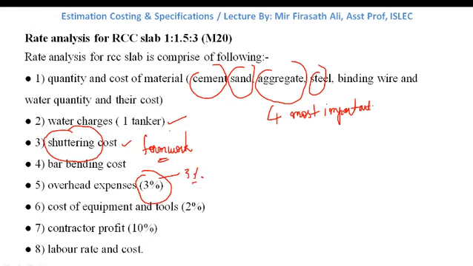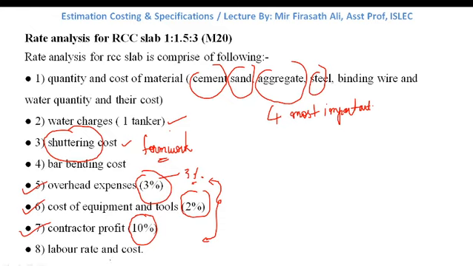We need to add 3% overhead charges, 2% equipment charges and 10% contractor profit. If you are quoting as a contractor to a client, you need to include these three things: the contractor profit as 10%, cost of equipment and tools as 2%, and overhead expenses as 3%.